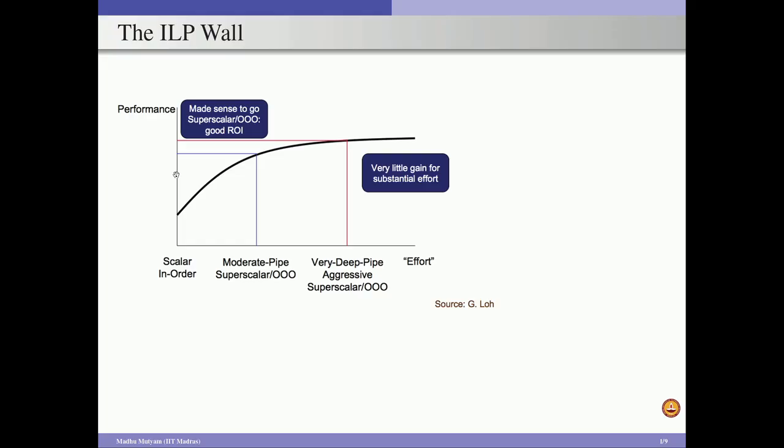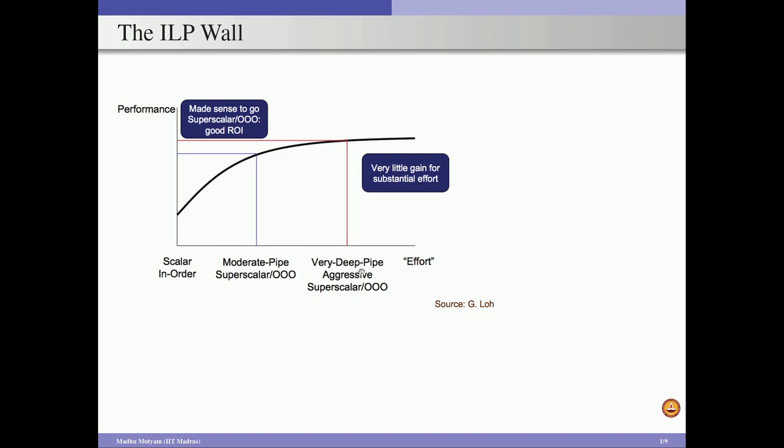So we move from a scalar in-order processor to a moderate pipeline superscalar processor which supports out-of-order execution, and we increase the number of pipeline stages in our superscalar processor, and also add aggressive superscalar techniques such as speculative execution and so on.